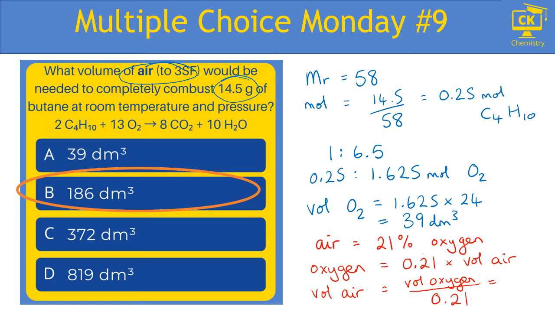So the volume of oxygen is 39. If you divide 39 by 0.21, then to 3 significant figures, you get an answer of 186 decimeters cubed. It's actually 185 point something, but it rounds up to 186.